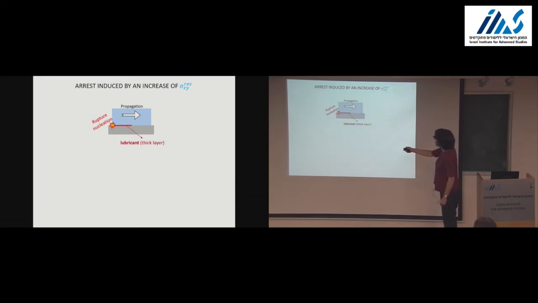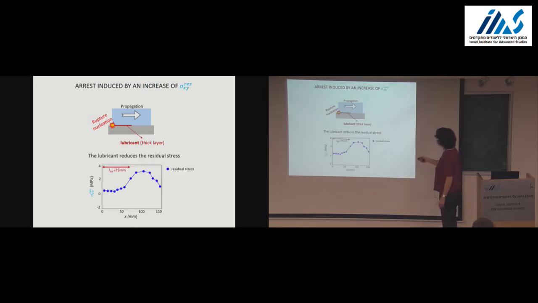Now we apply a patch of lubricant on this side, and it's a thick layer in order to enforce nucleation of the front in the lubricated patch. And as I told you, the effect of the lubricant now is to reduce the residual stress. Then as the rupture propagates from the lubricant to the dry part, it actually encounters this barrier of residual stress, this increase in sigma residual.